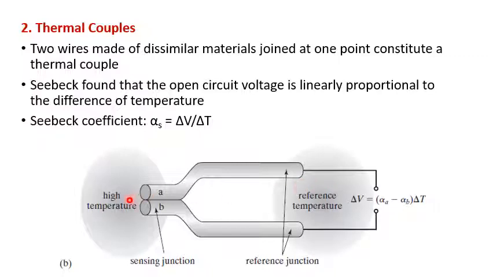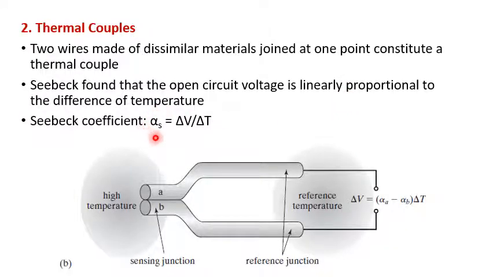On applying heat to the joined sensing junction, an open circuit voltage gets developed across the reference junction. This open circuit voltage is linearly proportional to the difference of temperature.